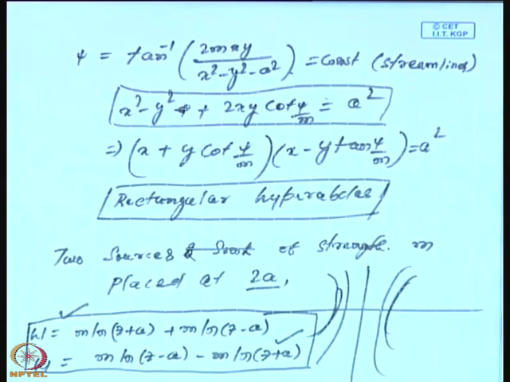Particularly, afterwards we will come to conformal mapping, where we can change a complex flow in one plane to a very simple flow in another plane, and in the process we will be able to analyze more complex flow patterns by using simple complex velocity potentials.